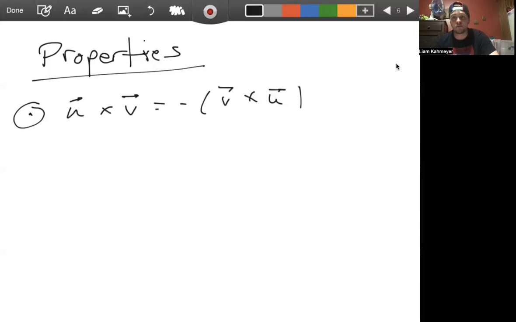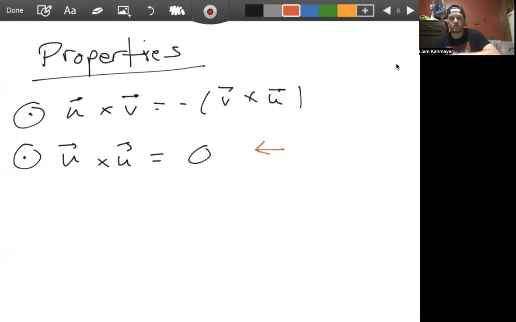And so this is anti-commutative, meaning if you switch the order, you also pick up a negative sign. Let's go through some more properties here. We also have that if you take the cross product of a vector with itself, you get 0. And we'll come back to this property in a little bit. Once we develop some more intuition of the geometry here, we'll have a better understanding for why this is true.